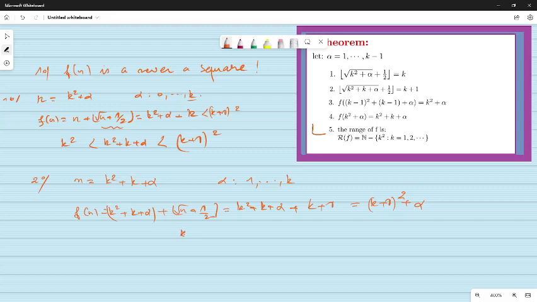And then f of n is strictly between k plus 1 square and k plus 2 square, because alpha is between 1 and k. And also in this case, f of n cannot be a square.